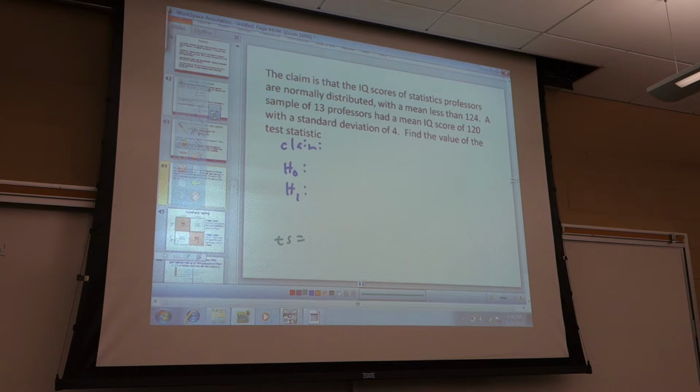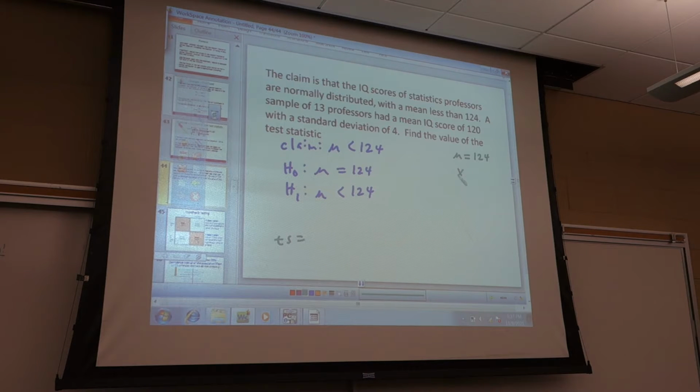I feel like people are pretty good, like they think they have this part. We're saying the mean is less than 124. So my H naught is always equals, so it should be equals 124. That tells me that my mean is 124.